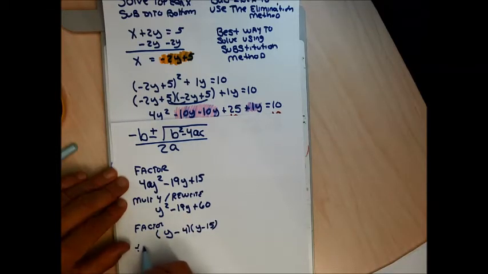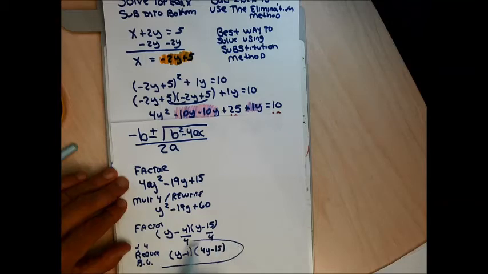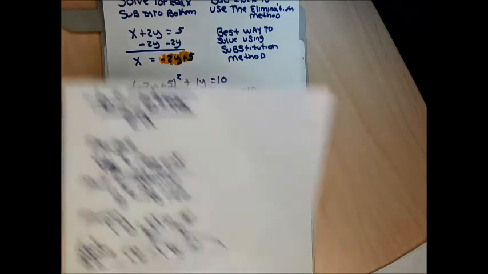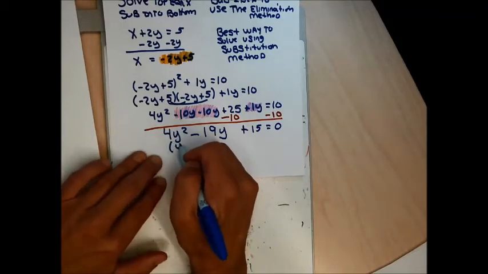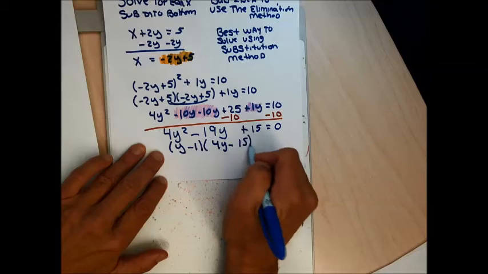And then I'm going to divide by 4, reduce, and bottoms up. So since I multiplied by 4, I divide by 4. First fraction reduces to y minus 1. Second fraction bottoms up to 4y minus 15. So I'm going to replace 4y squared minus 19y plus 15 with y minus 1 times 4y minus 15 equals 0.